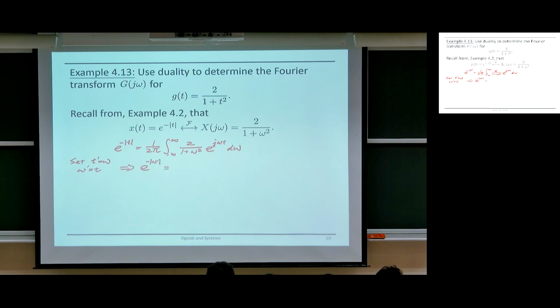Okay? And on the right-hand side, we have 1 over 2 pi integral of 2 over 1 plus t prime squared, e to the j omega prime t prime d t prime.